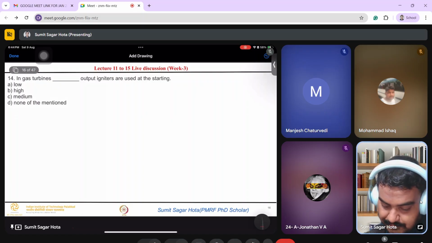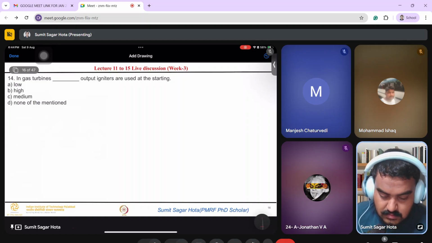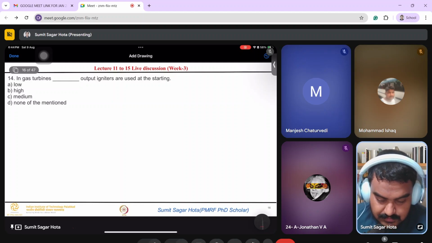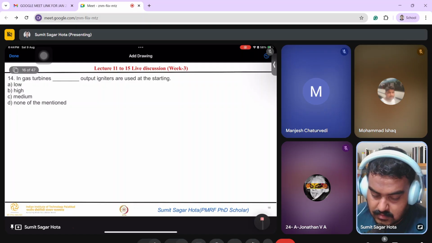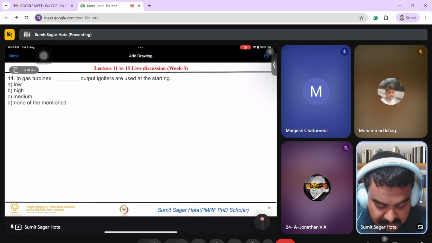This high output igniter is similar to the spark plug in your bikes and cars. In a gas turbine, it is used to start the combustion.